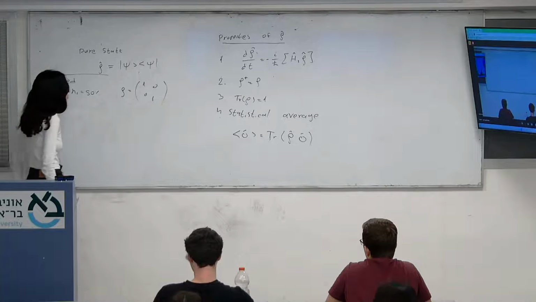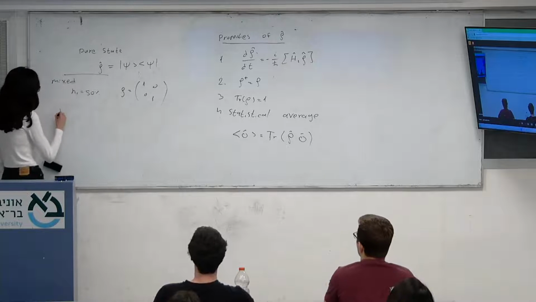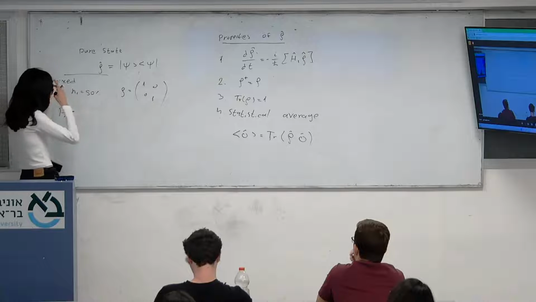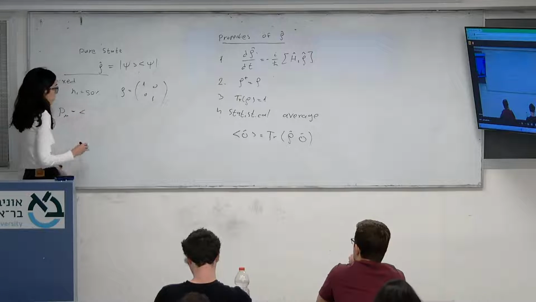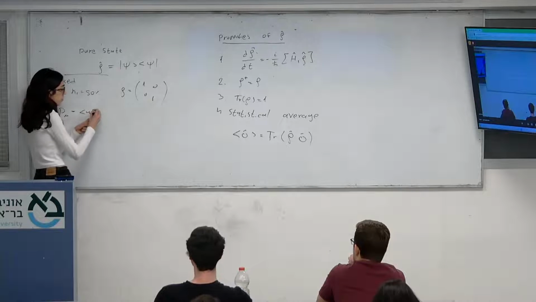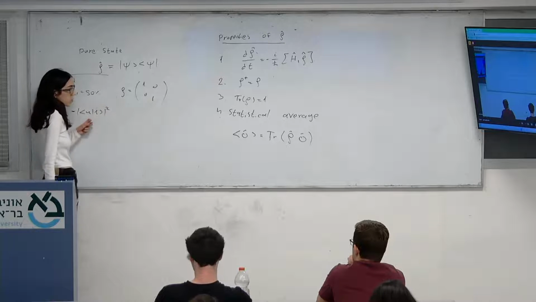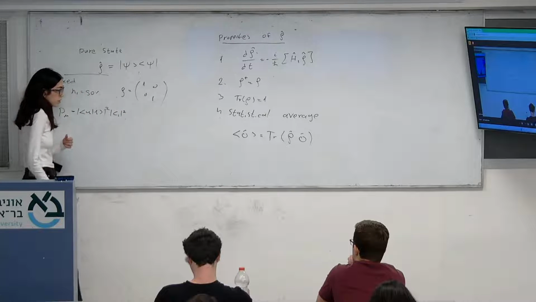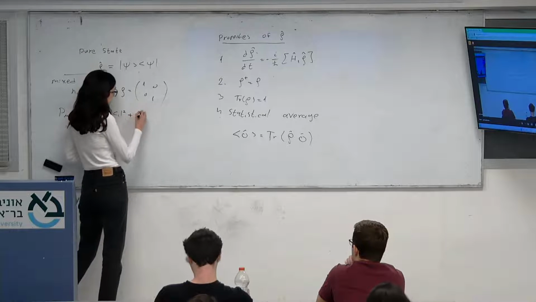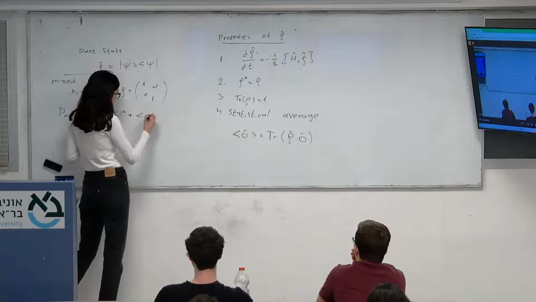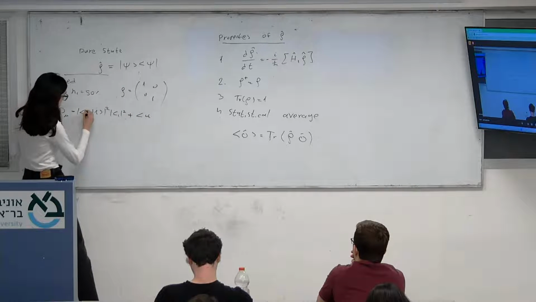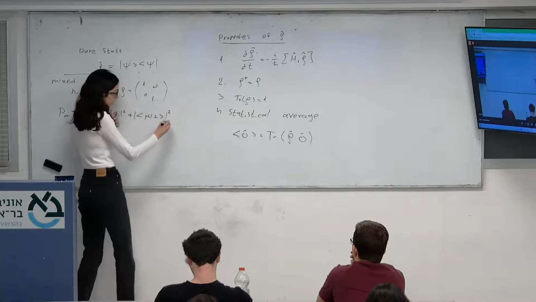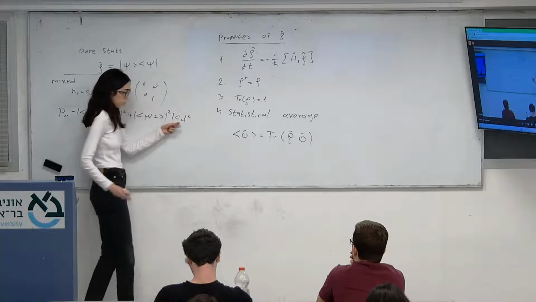Okay, so just take that. The probability to measure some state mu is going to be the projection of mu on state 1, for example, multiplied by the probability to measure state 1, or the projection of mu on state 2 multiplied by the probability to measure state 2.